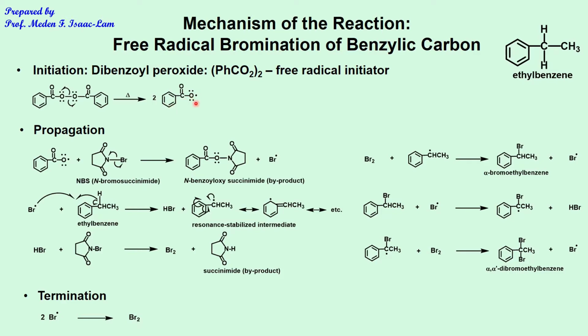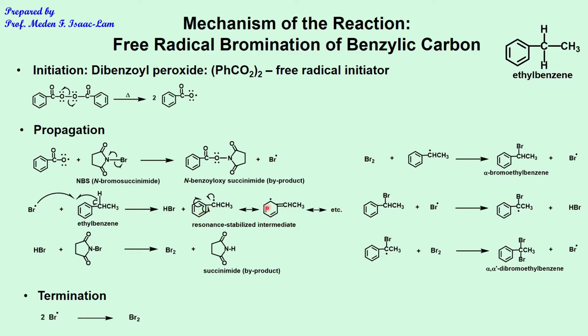This free radical on the oxygen will initiate the propagation step, in which it reacts with NBS, N-bromosuccinimide, forming Br dot, or bromine free radical, and a byproduct, which is N-benzoyloxysuccinimide. The Br dot will now react with the benzylic carbon in ethyl benzene, forming HBr and a resonance-stabilized intermediate, which is the free radical on the benzylic carbon.